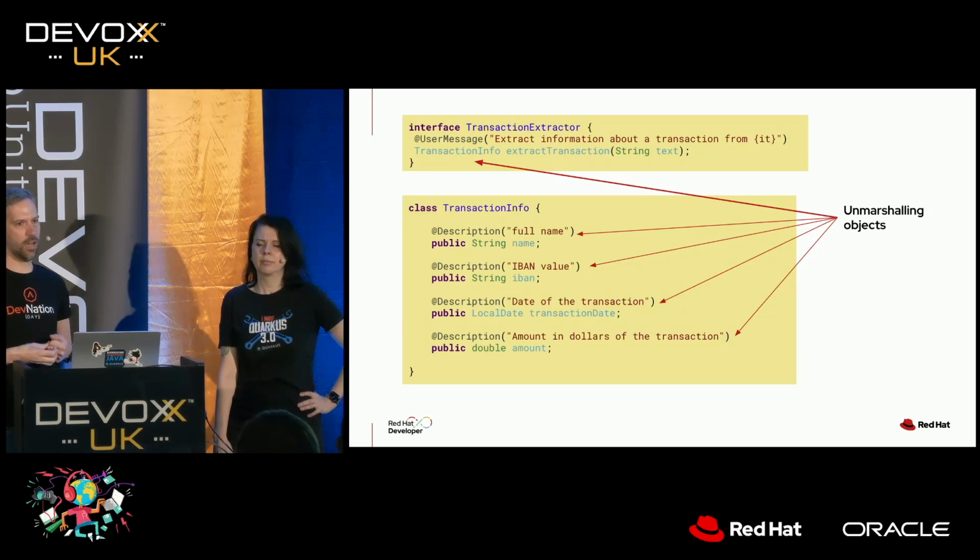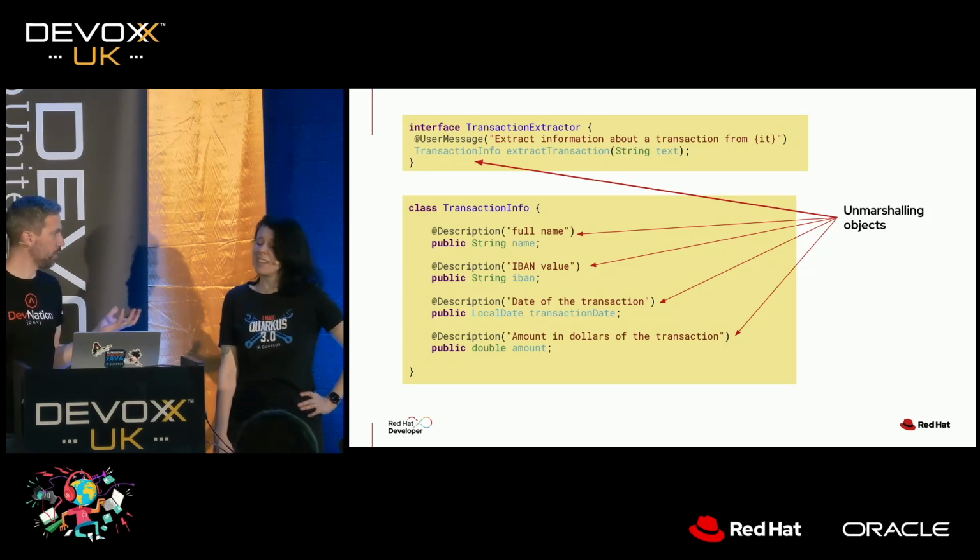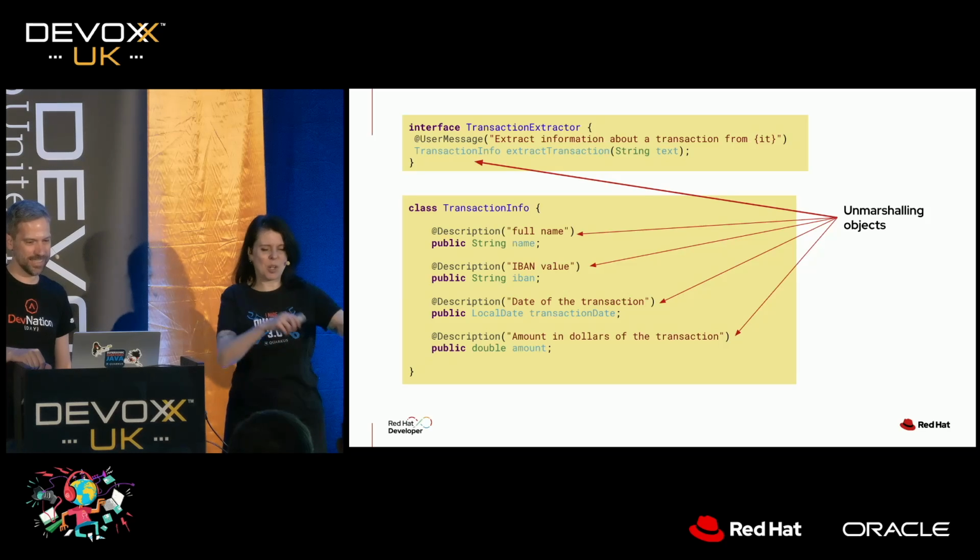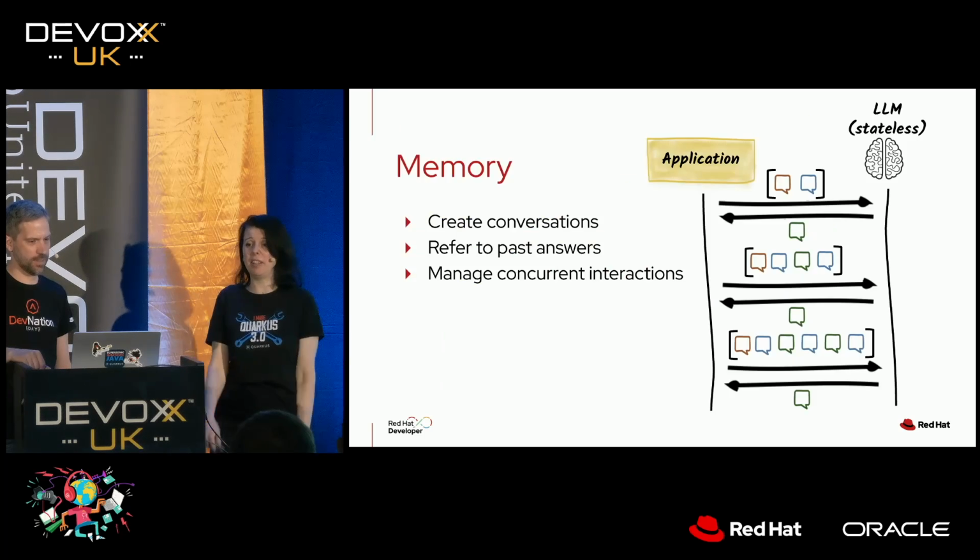That extra information is handled for you behind the scenes, just because of the return type that we're using here. So it's a little bit of magic, but it really isn't, because if you look at the logs, you'll see that it's fairly simple. It's just a whole bit of prompt engineering to get it to do the structured data, and then the deserialization that you just don't have to worry about.